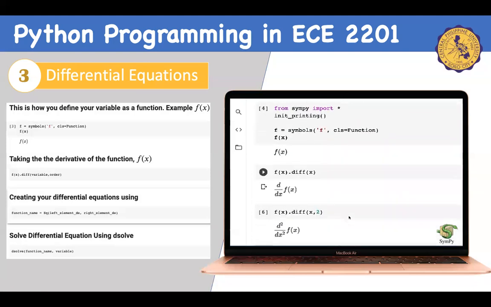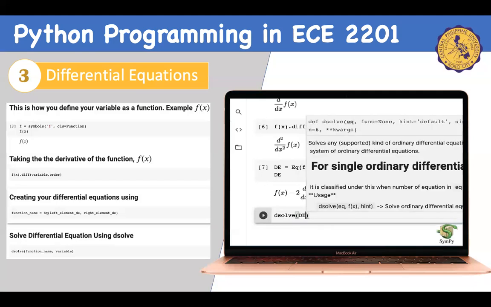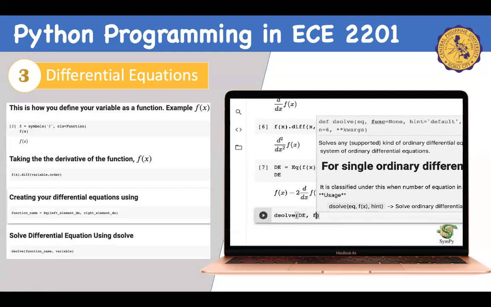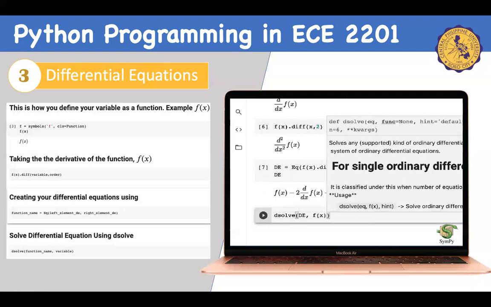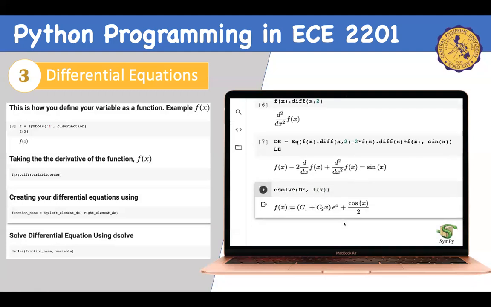That's our differential equation of second order. Now we are going to solve the differential equation using dsolve. You will write dsolve, followed by the function of x that you want to solve, and then your differential equation.